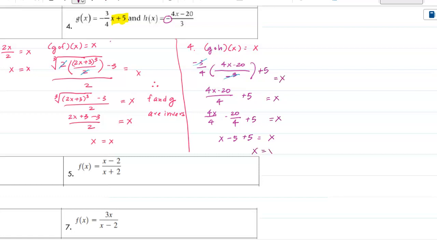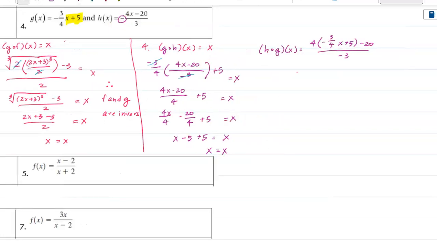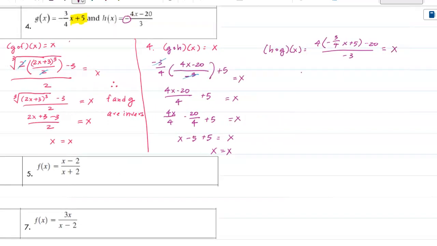So x equals x. Let's go ahead and try h of g of x. I'm just going to put the negative on the 3 in the denominator: 4, open that up, negative 3/4 x plus 5 minus 20 over negative 3, and that should equal x.